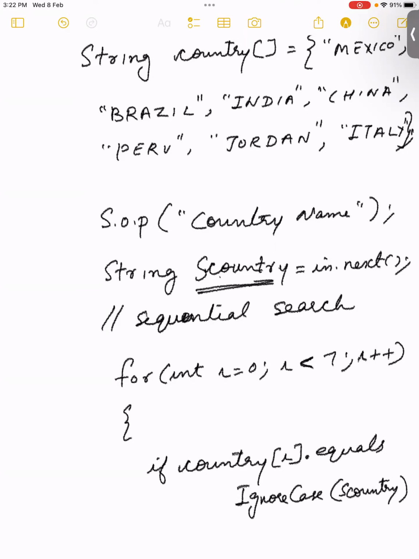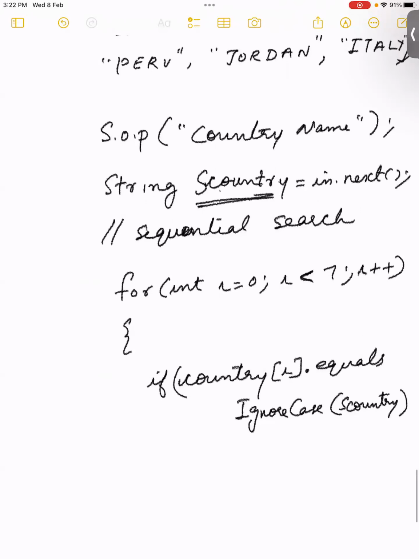If country of i dot equalsIgnoreCase sCountry. You don't need to write true and all, because only if it is true, the remaining part will get executed. What do I need to do? Set a flag. By the way, I did not initialize the flag, right? So here you have to write int flag equal to 0.